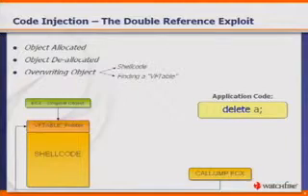So, as I told you, ECX usually points to the beginning of the object when the application uses objects. Wouldn't it be nice if we could find a way for the application to execute call or jump ECX, and by that make it jump to the beginning of the buffer and execute our shellcode? So I'm going to show you how to do that.